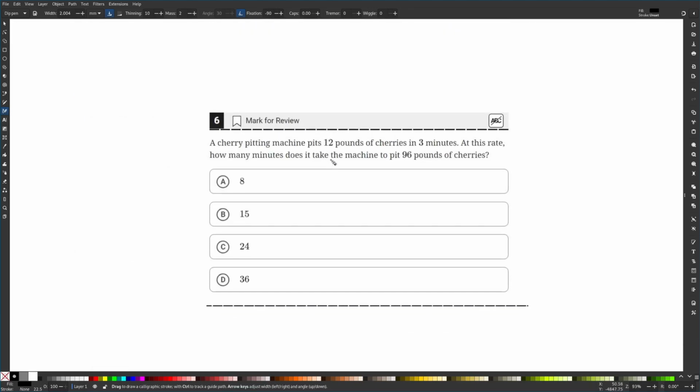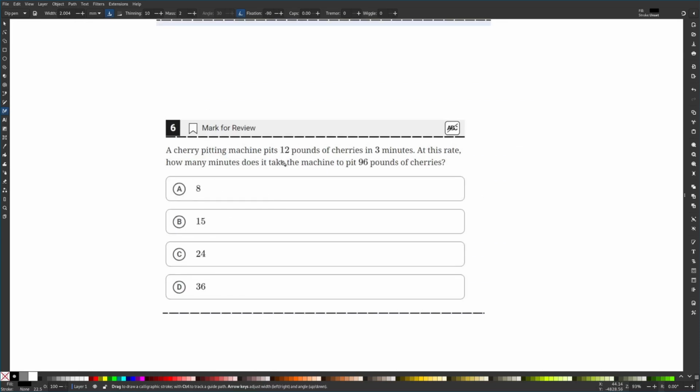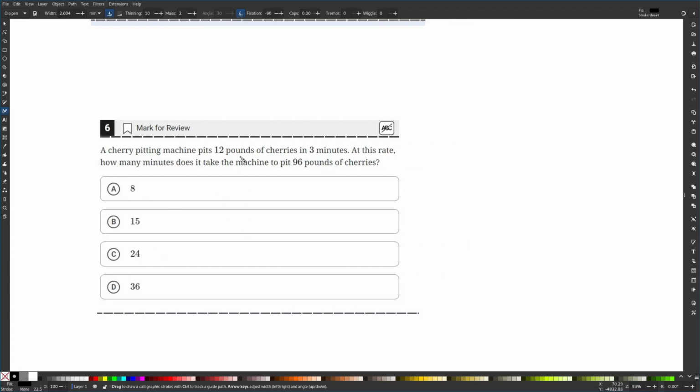Next one. A cherry pitting machine pits 12 pounds of cherries in 3 minutes. At this rate, how many minutes does it take the machine to pit 96 pounds of cherries? What we can do is multiply this ratio by 8, and we would get 96 pounds, because 12 times 8 is 96.